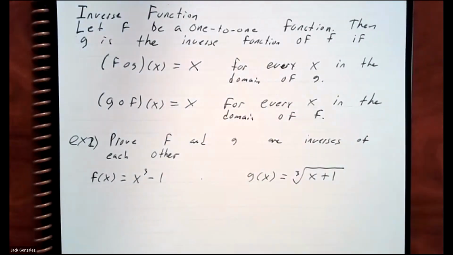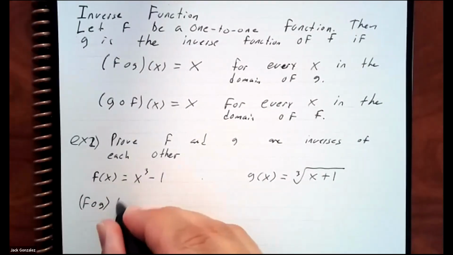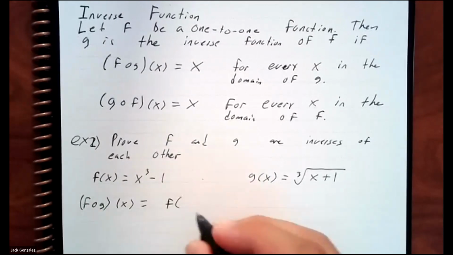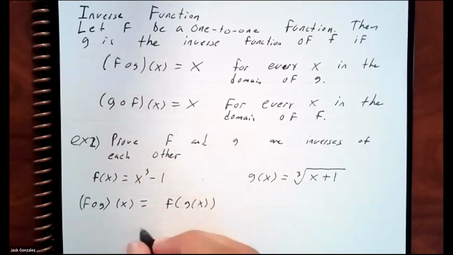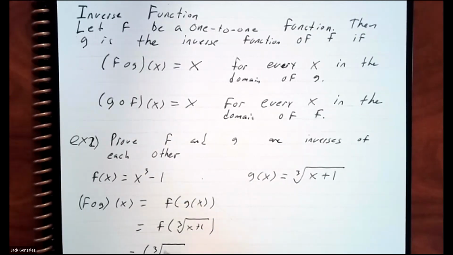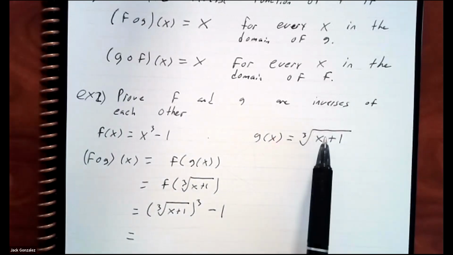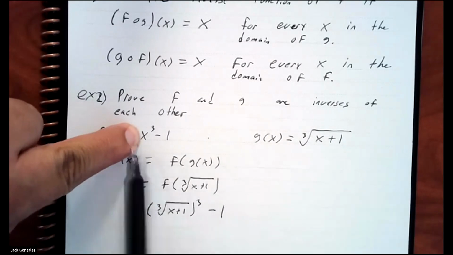Okay. So all you got to do is compose them. So F of G, which means F of cube root of x plus 1. So plug that into here. That makes sense? So G is going inside the F. So you put it into this specific x here.